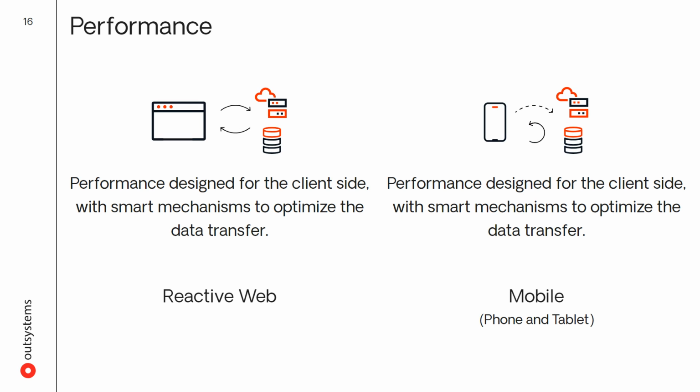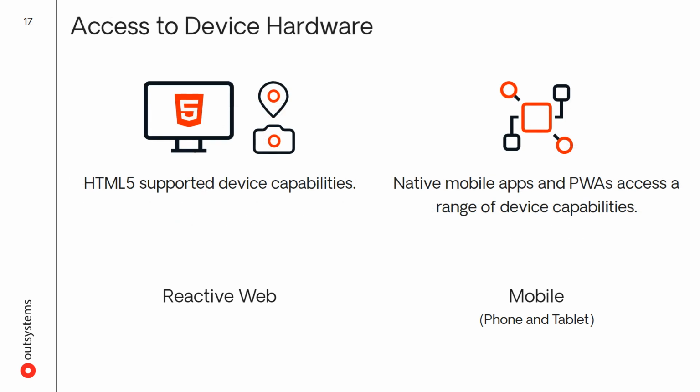The only difference is that mobile apps may access the device's internal storage. Access to the device hardware is somewhat more limited in reactive web apps, namely because fewer capabilities are available through HTML5. With mobile apps, it is possible to have access to more native capabilities, such as Touch ID.